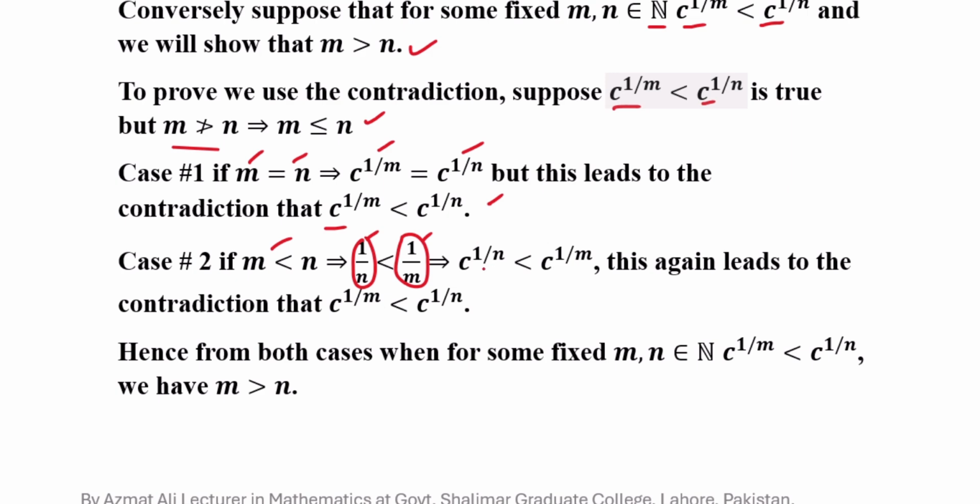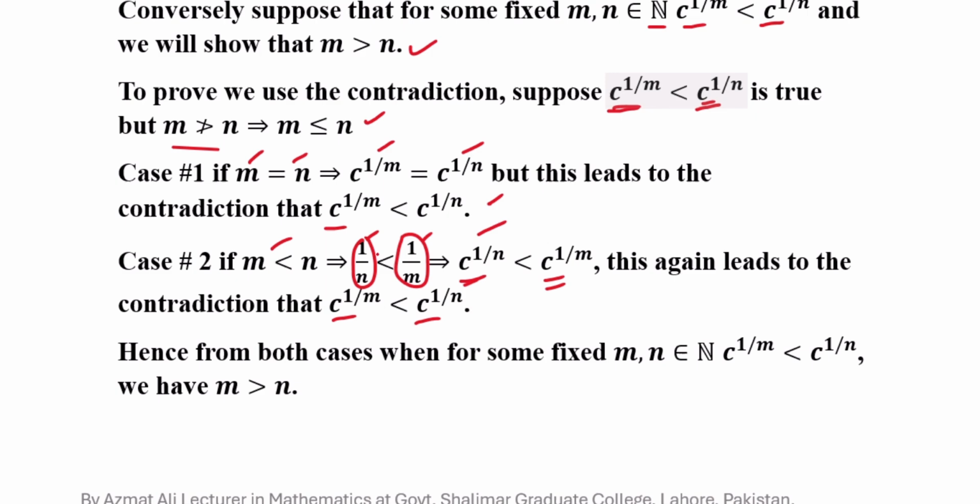So at a smaller exponent, c raised to power 1 over n will be less than c raised to power 1 over m. This again leads to the contradiction, because we have supposed that c raised to power 1 over m is less than c raised to power 1 over n.